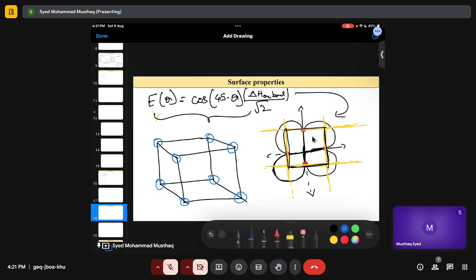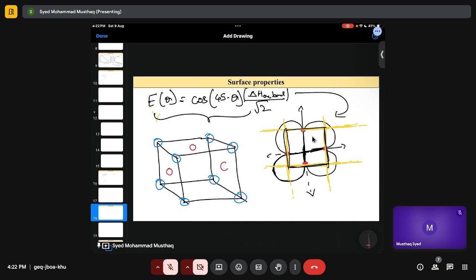Then I have the face center atoms. So not only at the corners, I have atoms at the face centers also.